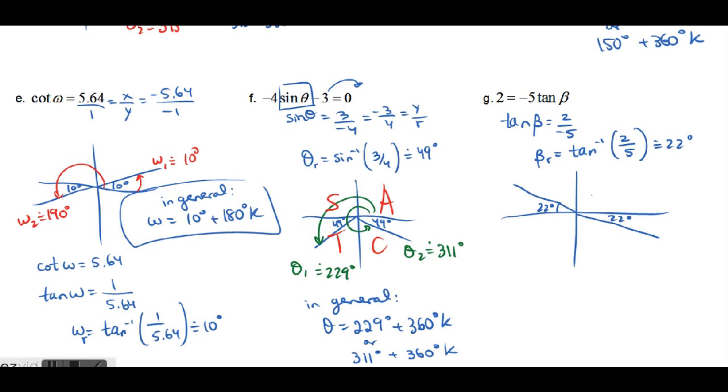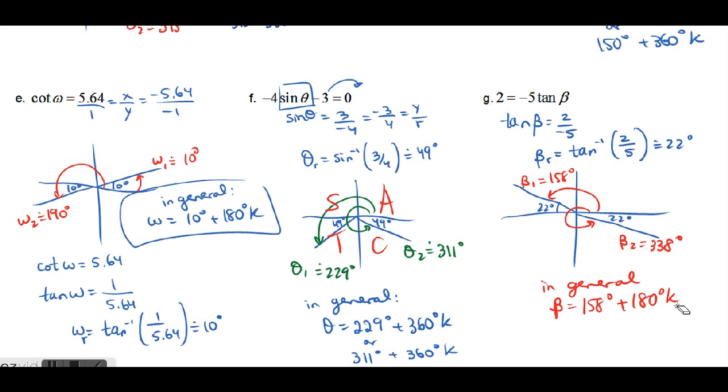And to finish off, you would state beta 1 is 158, beta 2 is 338, and so in general, this one, because it's a straight edge, you can just say one of them, so beta is equal to either one of them, it doesn't matter, 158 I'll start with, plus 180 degrees times k.